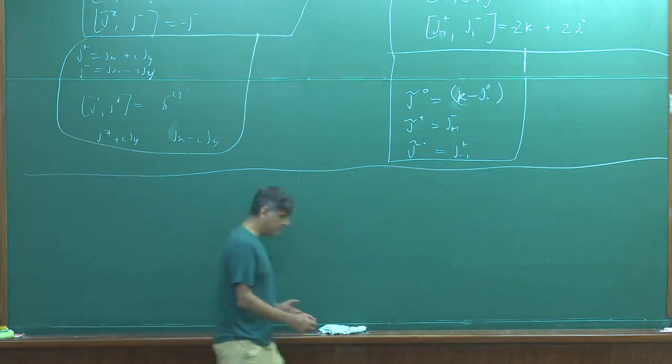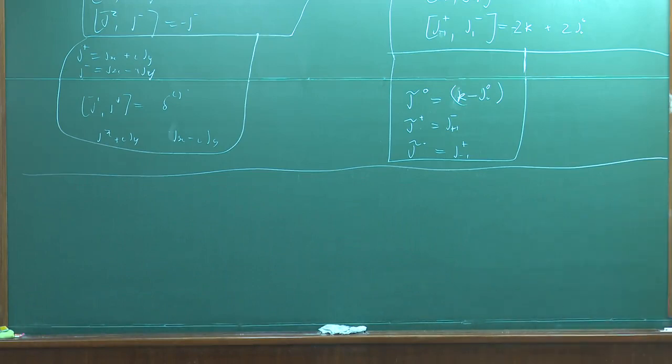By the way, if we had taken instead of +1, -1, +2, -2, then instead of 2k we would have gotten 4k.